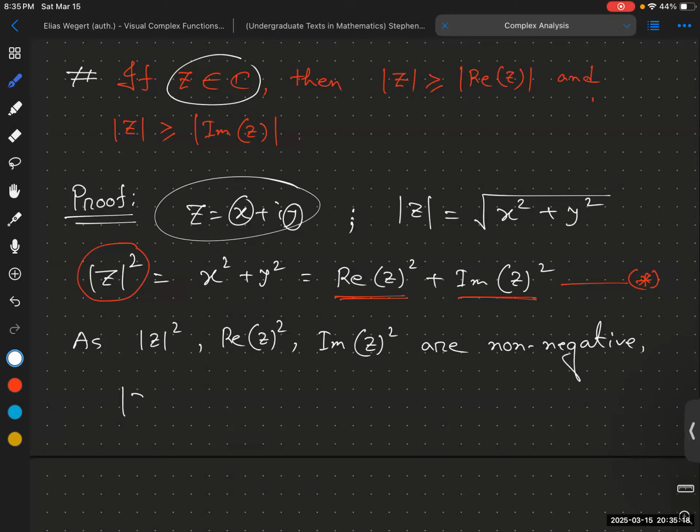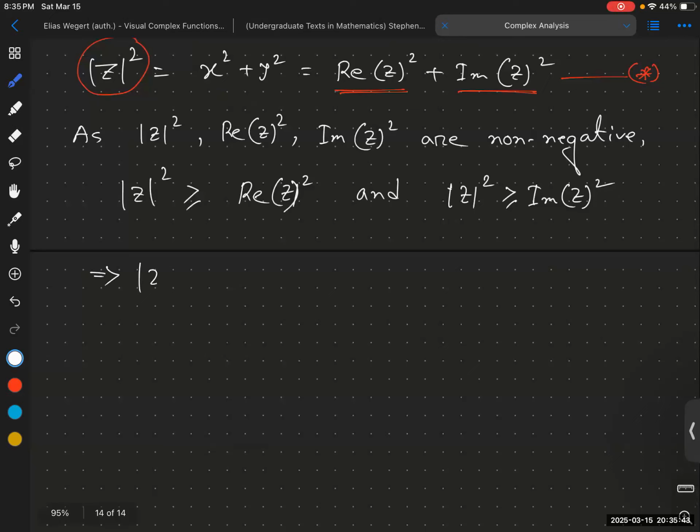So we can write it down as modulus of Z square is greater than or equal to the real part of Z square, and modulus of Z square is greater than or equal to the imaginary part of Z square.